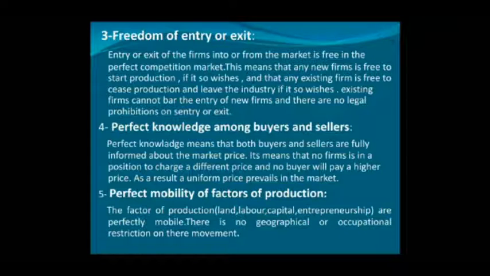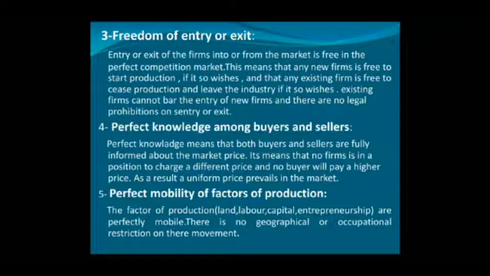Sellers also have perfect knowledge about the input market, as each firm has equal access to the technology and the inputs used in production. As a result, all the firms have a uniform cost structure. Since there is uniform price and uniform cost, all the firms earn uniform profits.